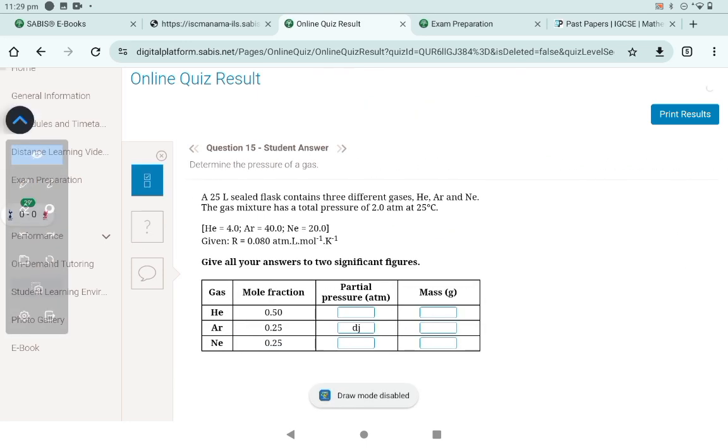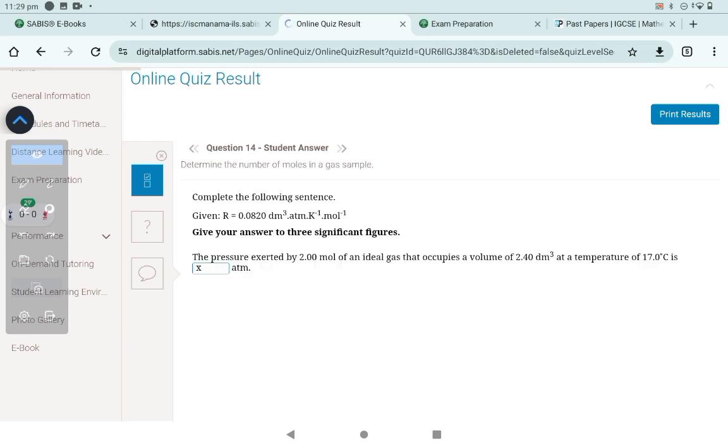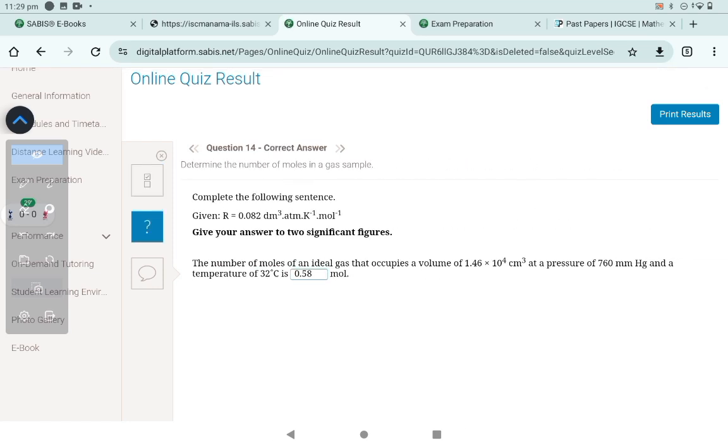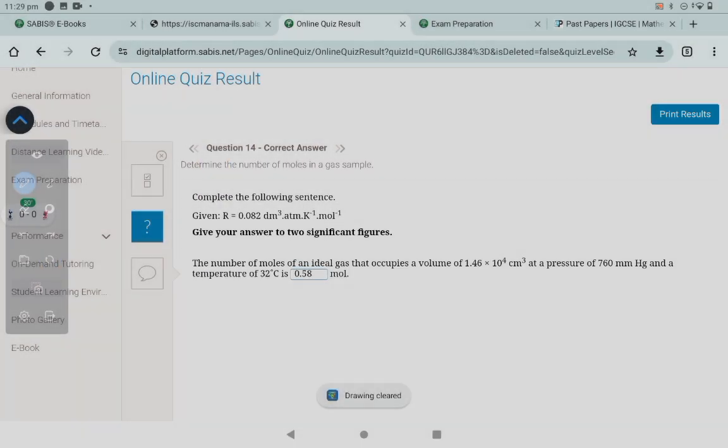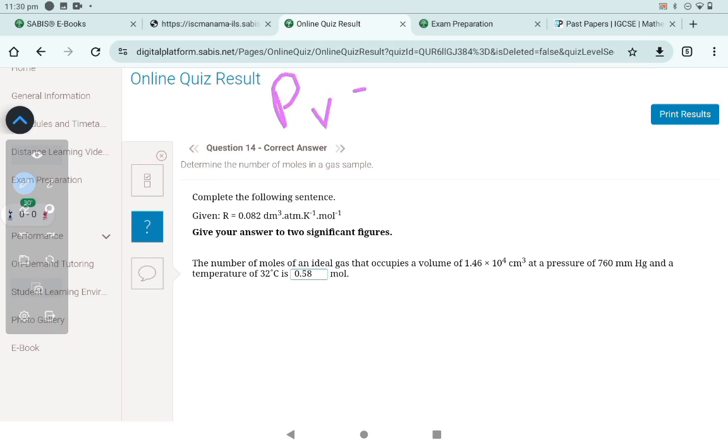Next one. This one, we have a number of moles, what do you want, and a temperature. Okay, this one we use PV equals nRT.